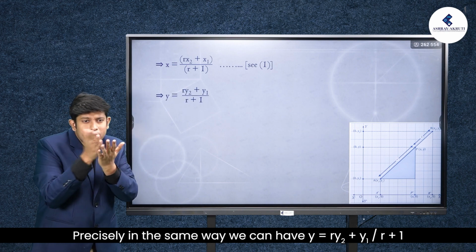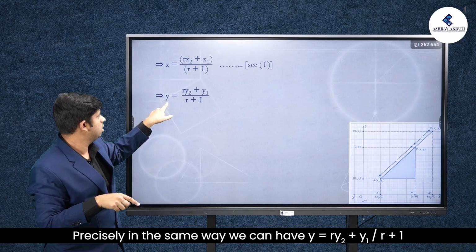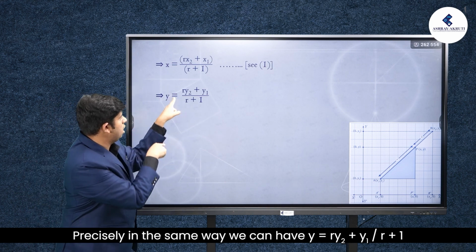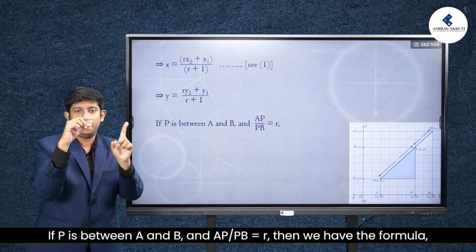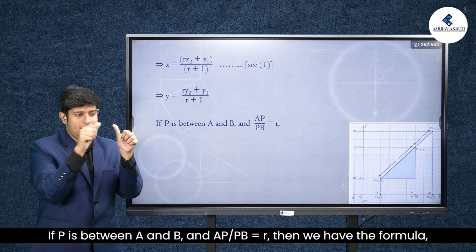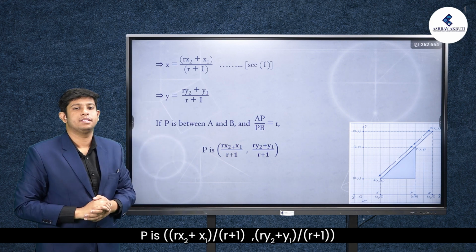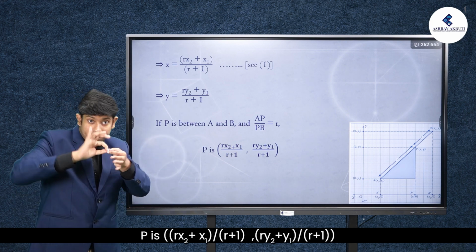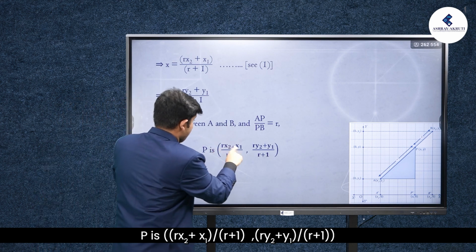Precisely in the same way, we can have y is equal to r y2 plus y1 by r plus 1. If P is between A and B and AP by PB is equal to r, then we have the formula P is r x2 plus x1 by r plus 1 comma r y2 plus y1 by r plus 1.